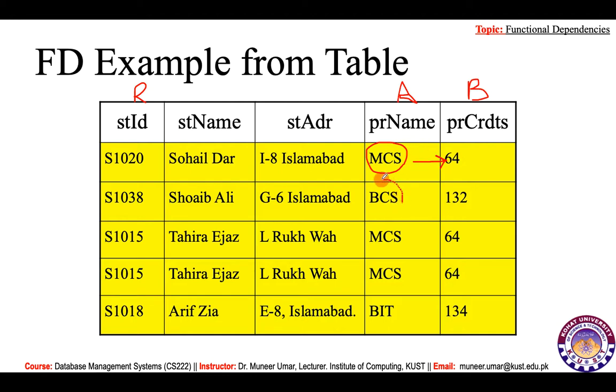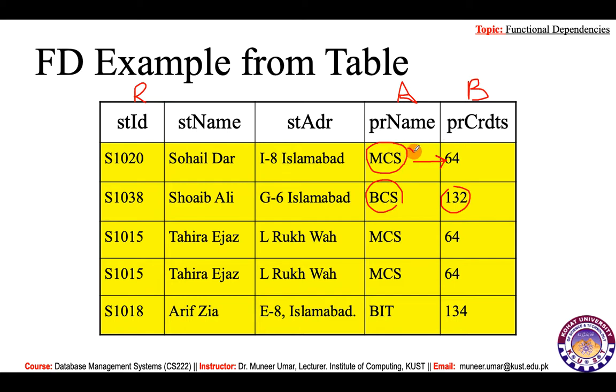Similarly, for BCS, the value of program credits, or attribute B, would be 132. So we can say that this program name determines the program credits.